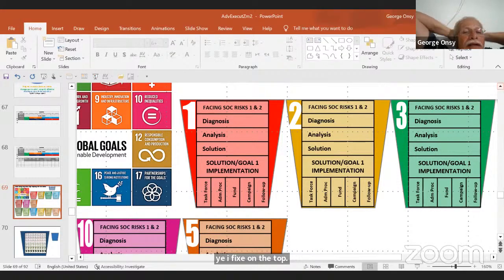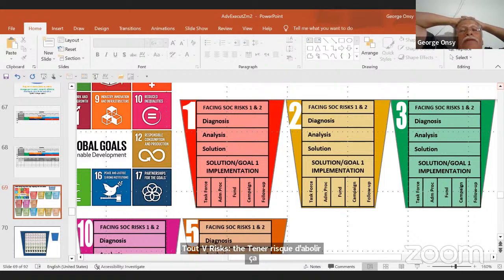By the way, our system is the only one among all NGOs that relates the global goals of the UN to the 10 risks of the WEF. I searched everywhere. So we are targeting the goals to face the risks. We are using the goals to face the risks.